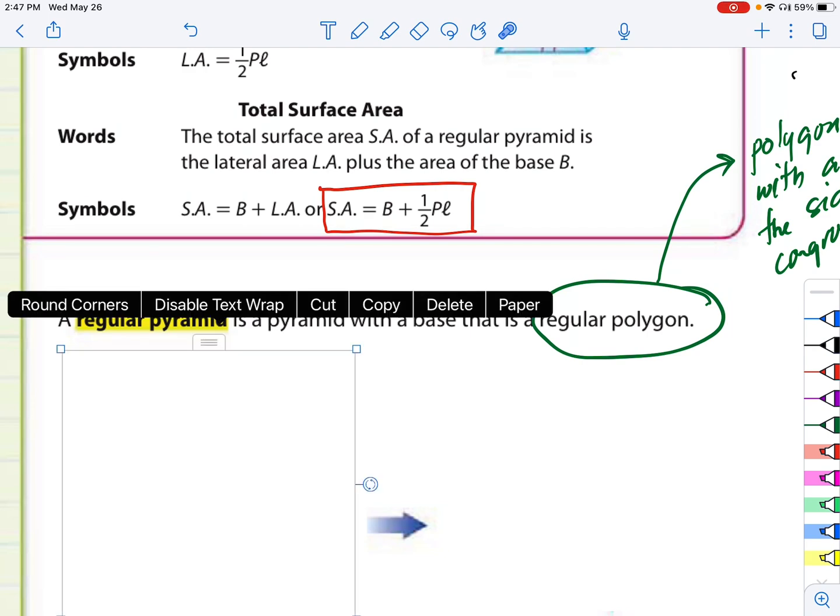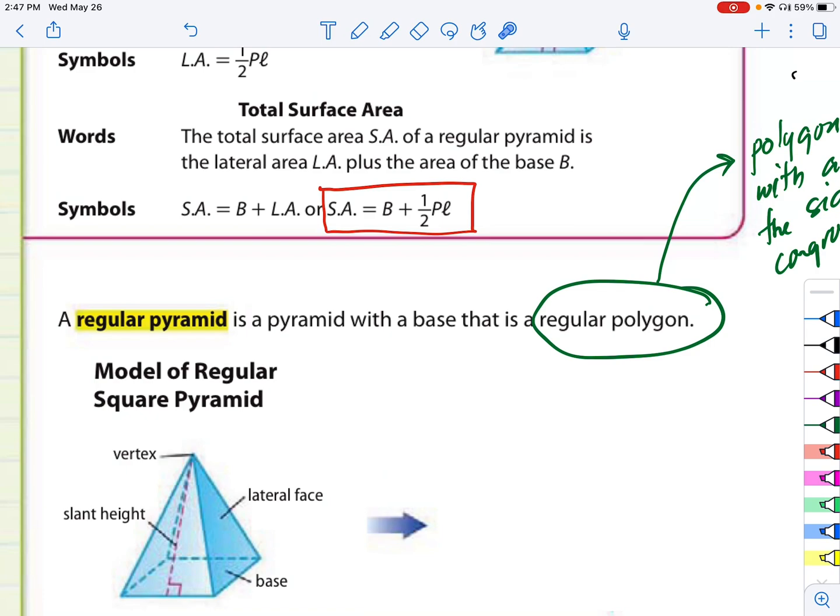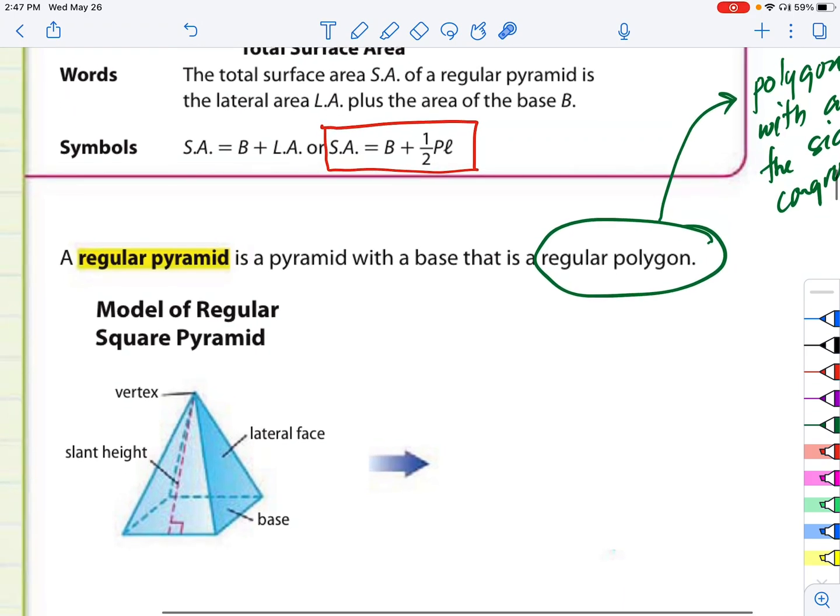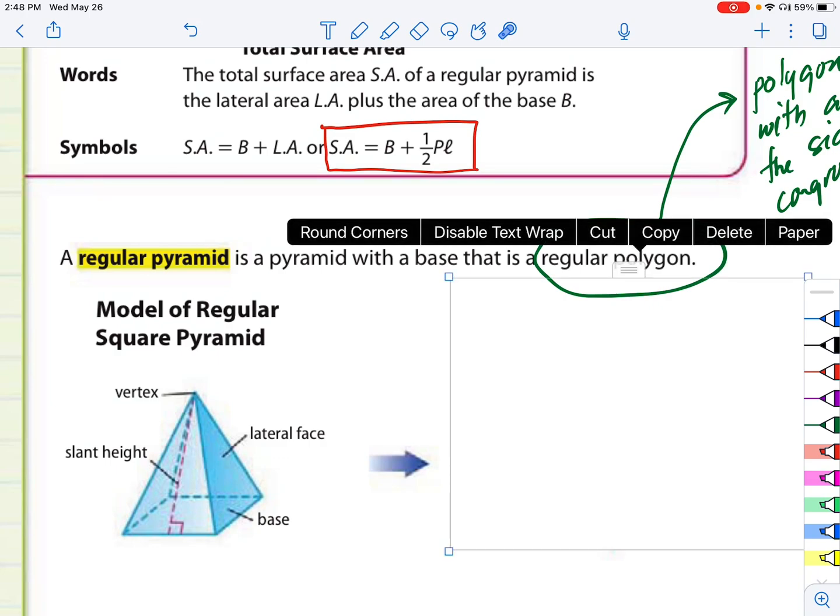So again, let's take a look at the model of a regular pyramid. In this case, this is a square pyramid because the base is a square and it's also a regular polygon. So this is the lateral face, the base, this is the slant height, and that's our vertex. If we create a net of our square pyramid, this is how it looks like.